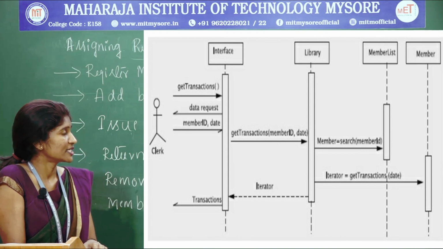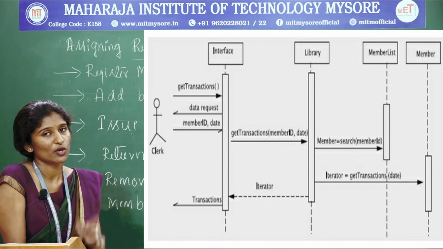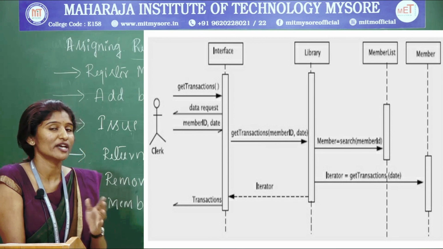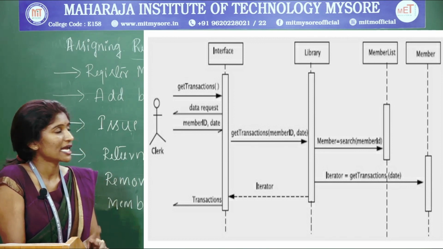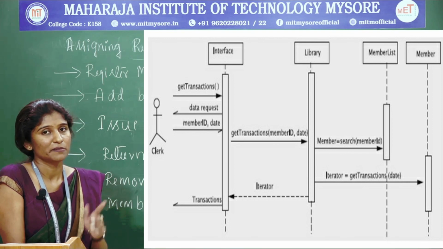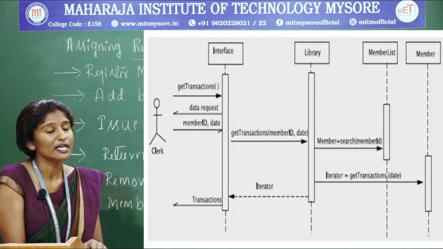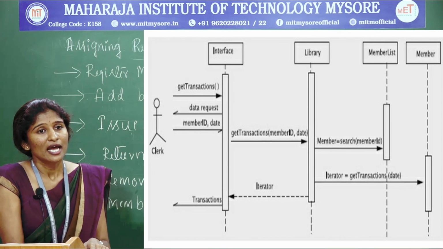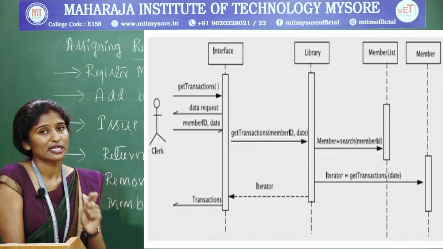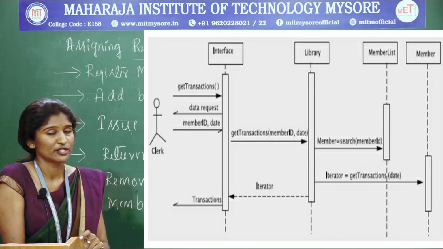That will be checked in the library system. For each and every sequence diagram we are going to consider the library system. Then it is going to be accessed in the member list. The registered members will be present in the member list, right. That member list is checked with boolean operations, that is, whether the member is present in that list or not; we are going to search for it.